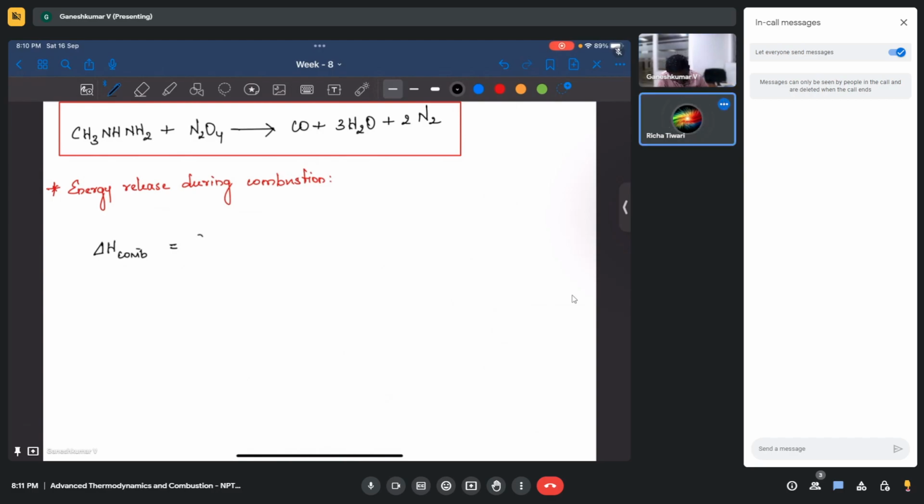You can write it as summation of NiHi, I use bar because it is in terms of moles, for products, minus summation of NiHi bar for reactants.